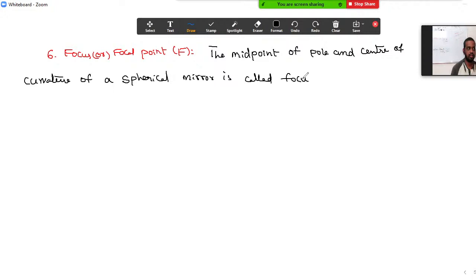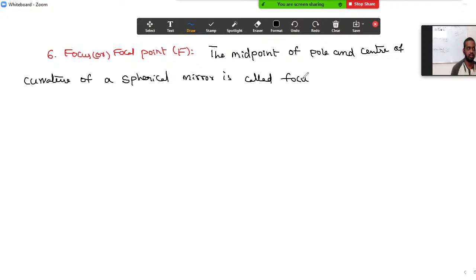And look here, it is a concave mirror, right? The important point: it is a concave mirror and it is a convex mirror. Here it is the reflecting side, right? The reflecting side will be outside. For the concave mirror, the reflecting side is also outside.